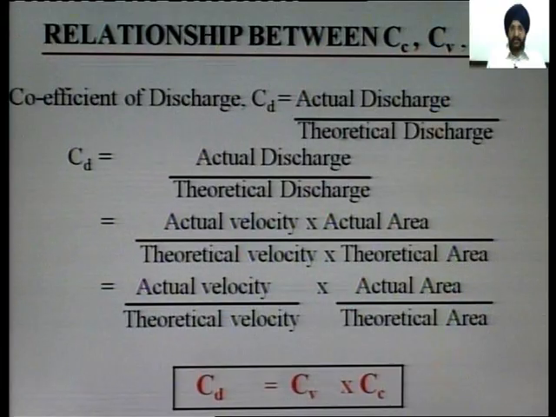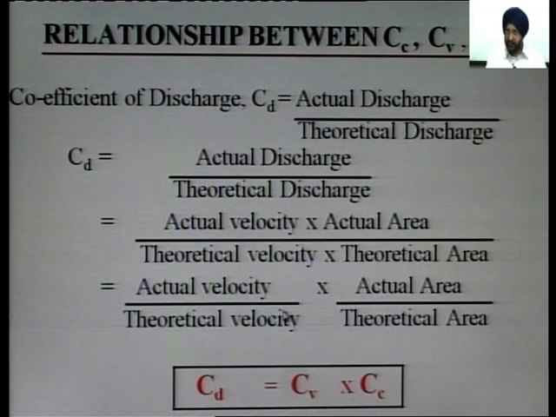So, we can write this actual discharge as actual velocity into actual area, and this theoretical discharge as theoretical velocity into theoretical area. Just dividing these terms, actual velocity upon theoretical velocity is separated here, and actual area upon theoretical area to the right hand side.